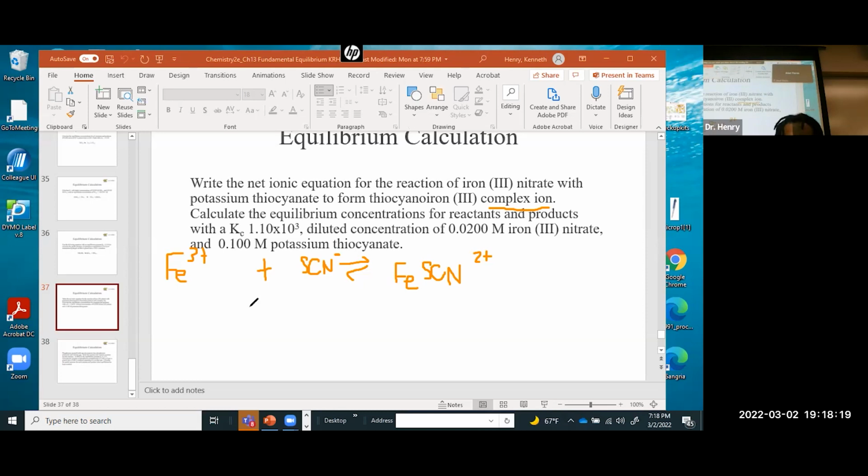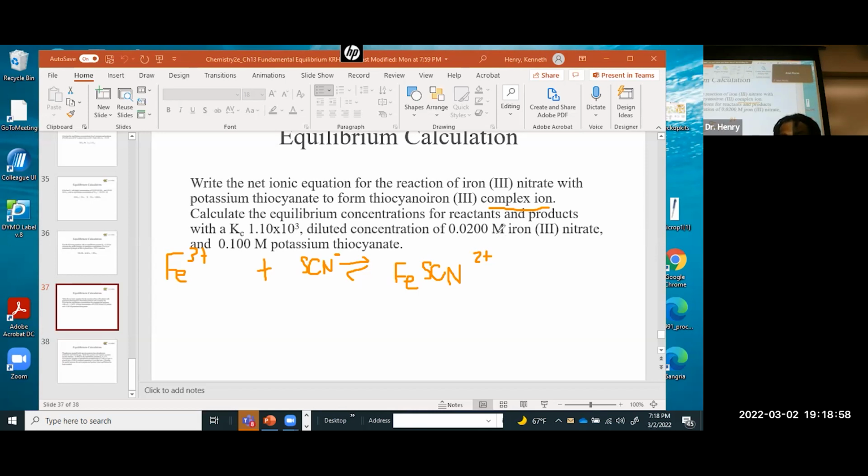Now since we know that molar wise, for every one iron 3 nitrate, we have 1 iron 3 ion. So this would be our net ionic equation.